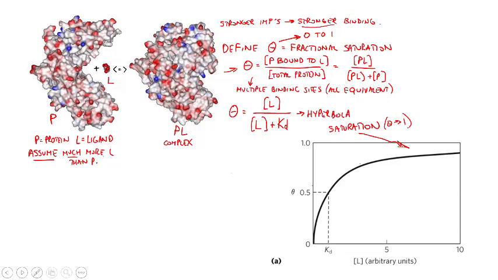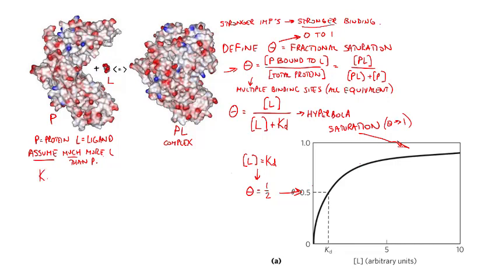But more interestingly, what else do we notice? What we notice here is that if you follow the y-axis down to theta is equal to 0.5, and then go down to the x-axis, the concentration of L at that point is going to be equal to your KD, your dissociation constant.